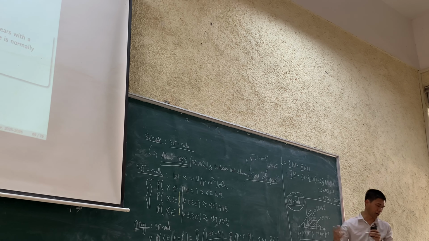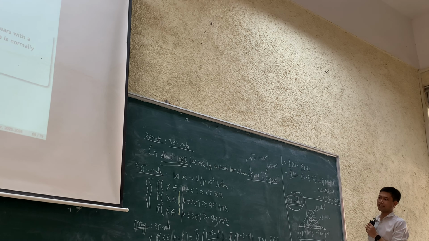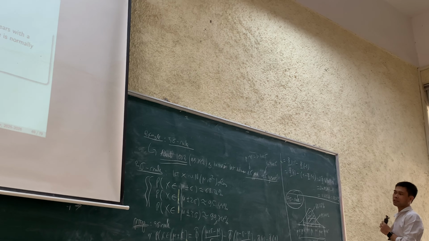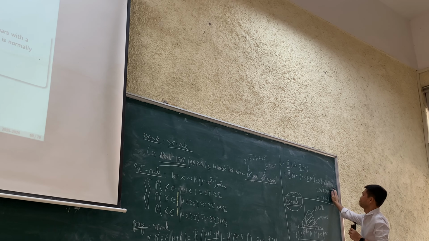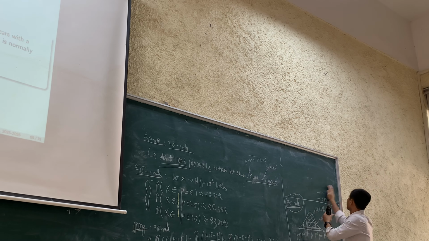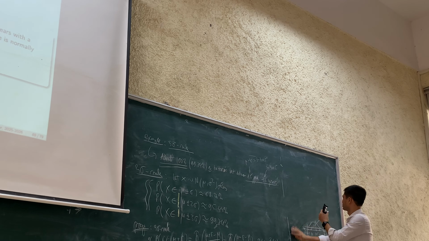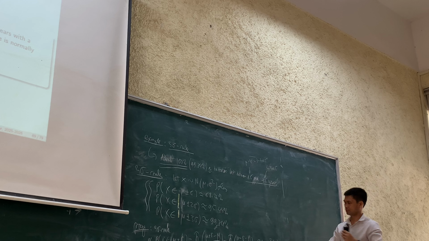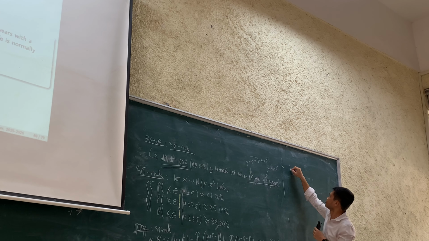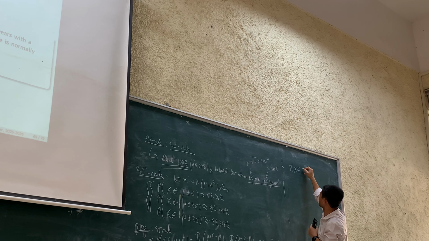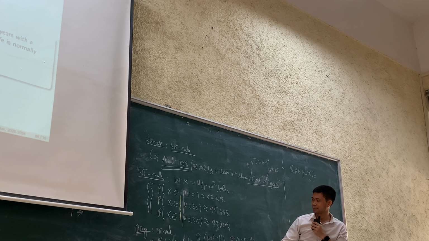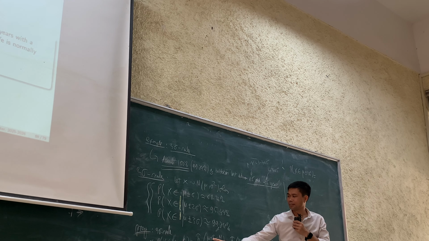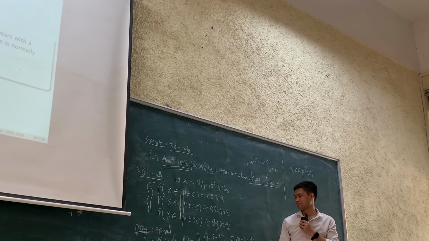And the second probability: what is P(X between mu plus or minus 2 sigma)? You replace sigma with 2 sigma.